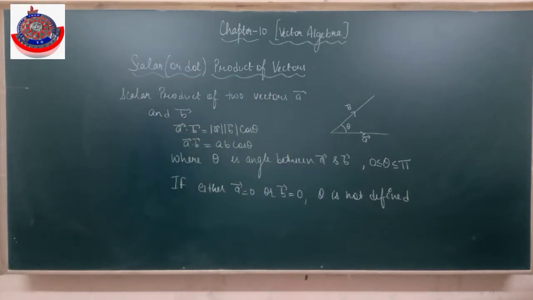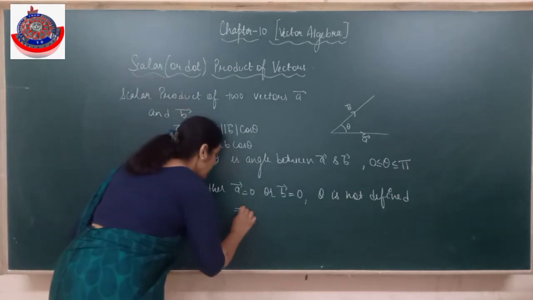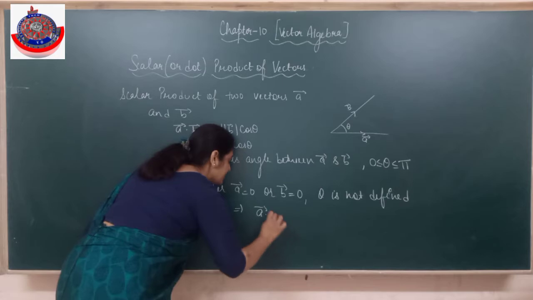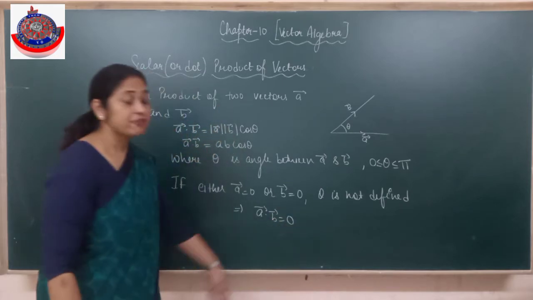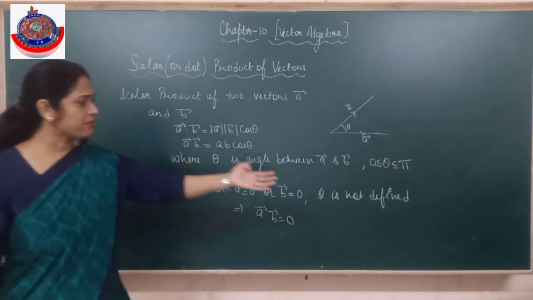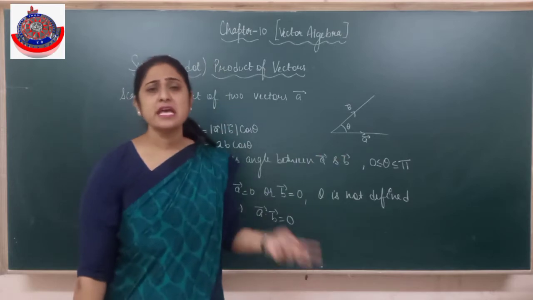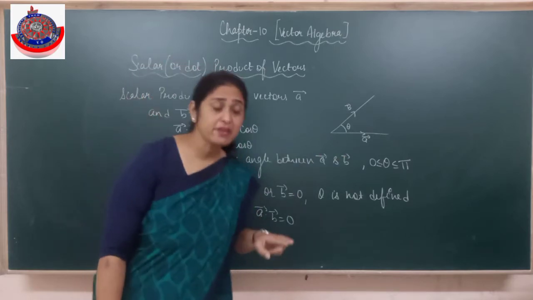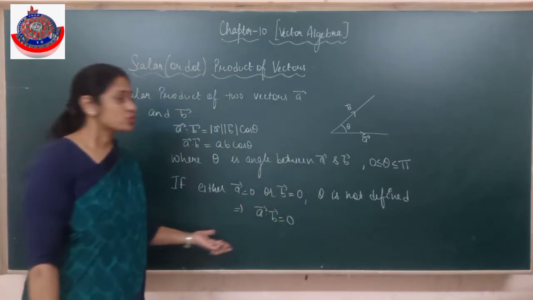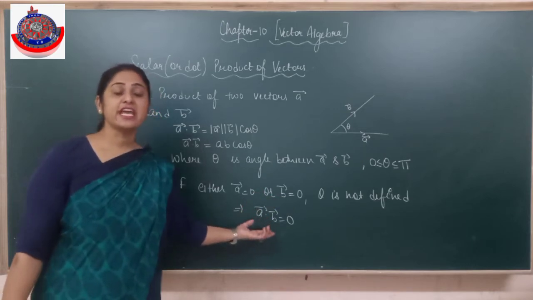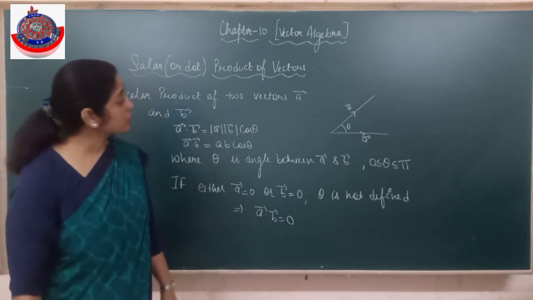If one of the vectors is 0, we define a vector dot b vector is equal to 0. If either of the vectors is 0, the theta will not be there, because theta means the angle between two vectors. When one of the vectors is 0, theta is not defined, then vector a into vector b is equal to 0.